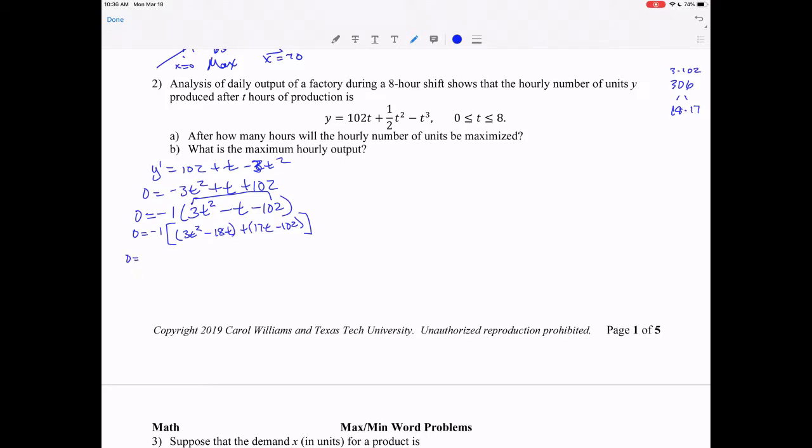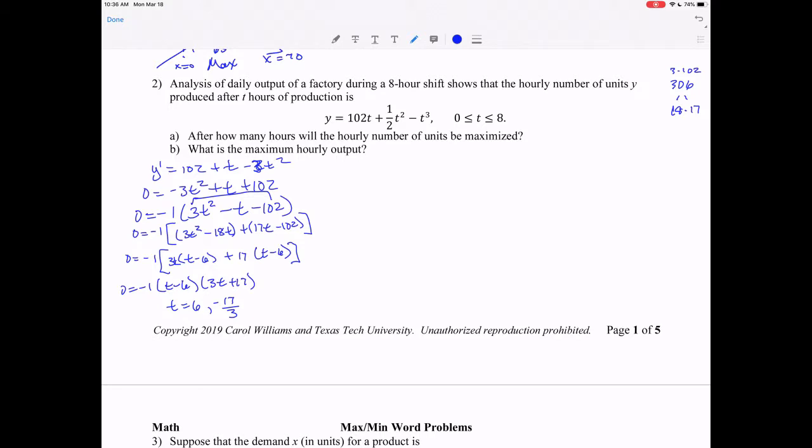So pull out the 3t, that's t minus 6, plus 17 times t minus 6. Then you pull out the t minus 6, so you get negative 1 times t minus 6 times 3t plus 17. So you get t equals 6 and negative 17 thirds.